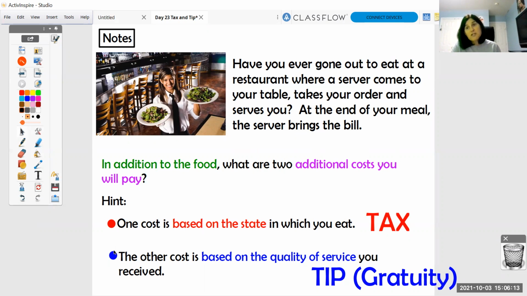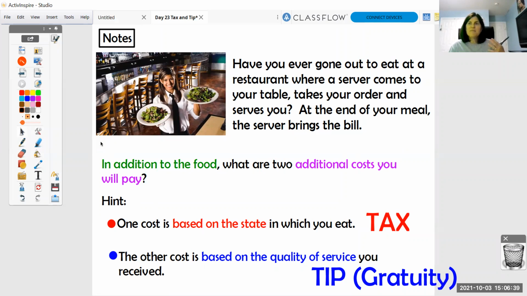So if they did a really nice job, you might leave them a higher percent, say 20 or 25%. If they did an okay job, then you might leave them 15% or so. So this tip changes depending on each situation and each adult that makes the decision. But the tax will always be the same percent, which is dependent upon the state you live in.